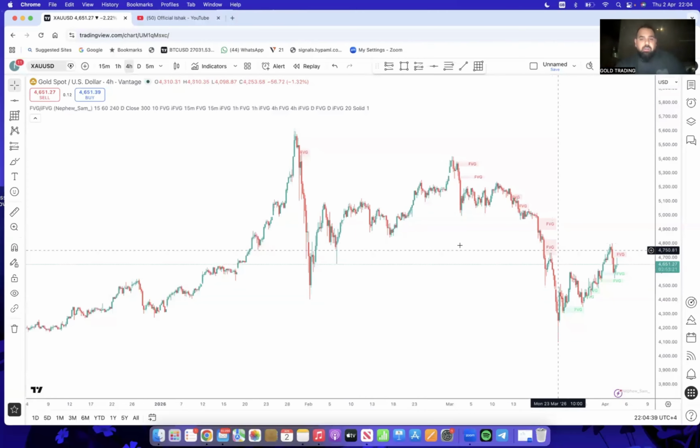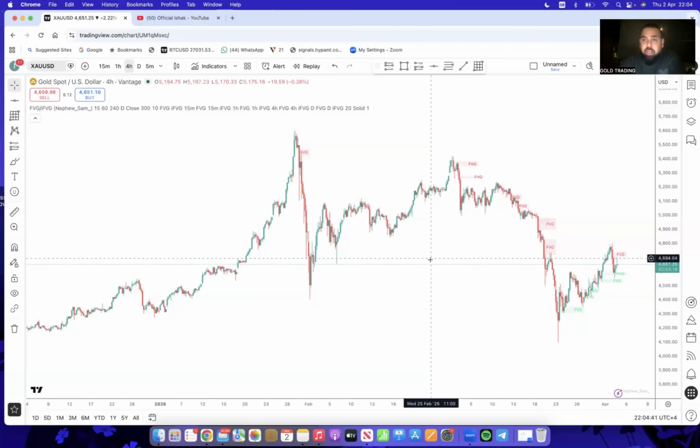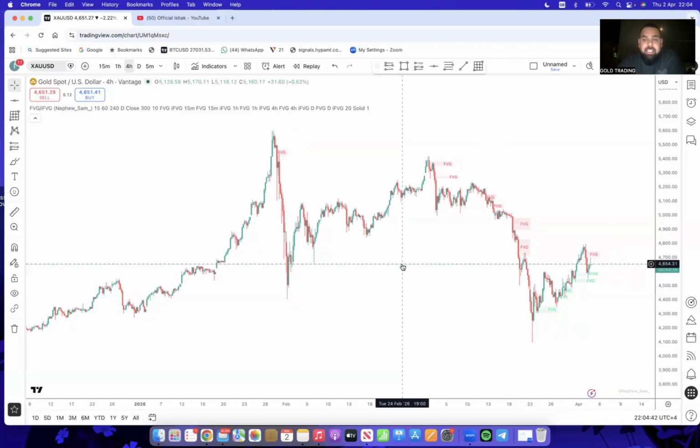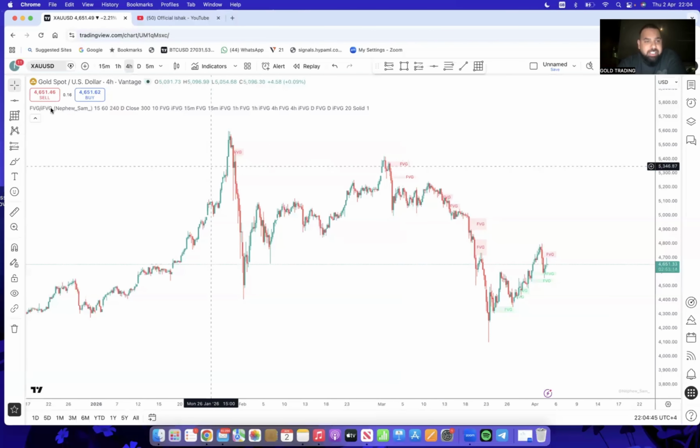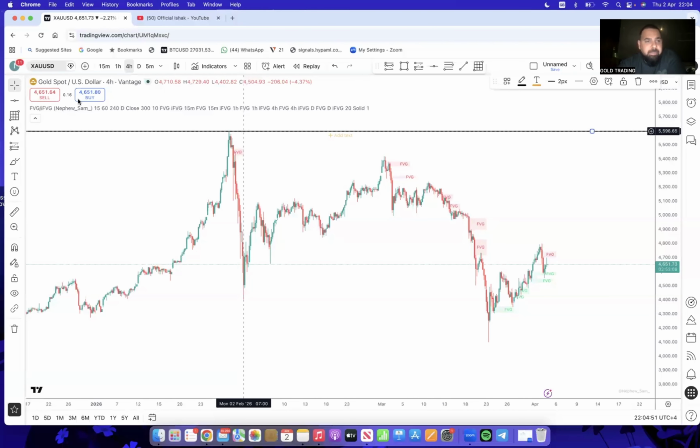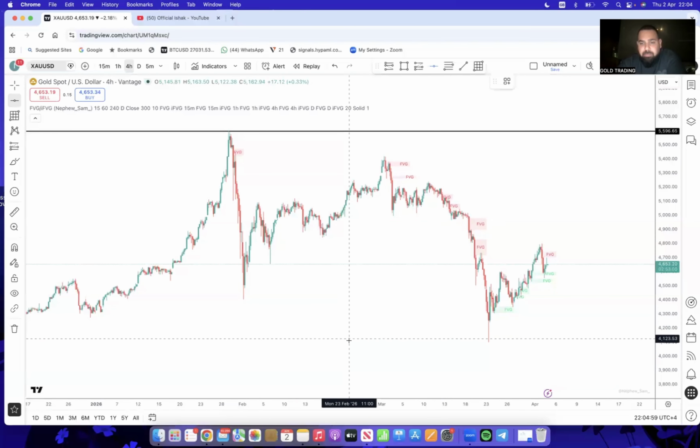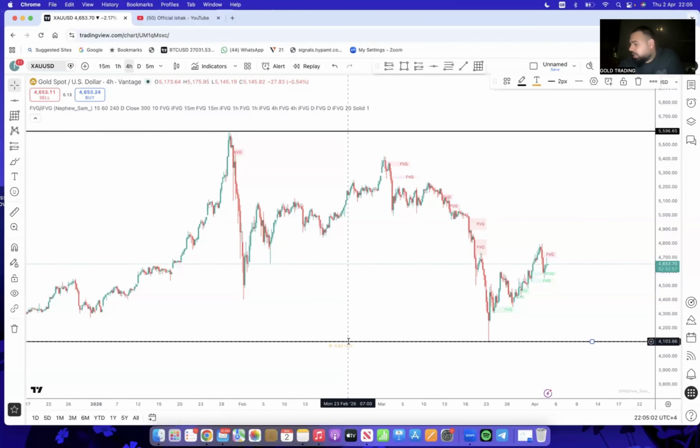What I like to do first, like always, is find my support and my resistance within the chart for me to know the direction this is going in. So I draw a line at the very top, because it's the top, and I draw a line at the very bottom because it's the bottom.